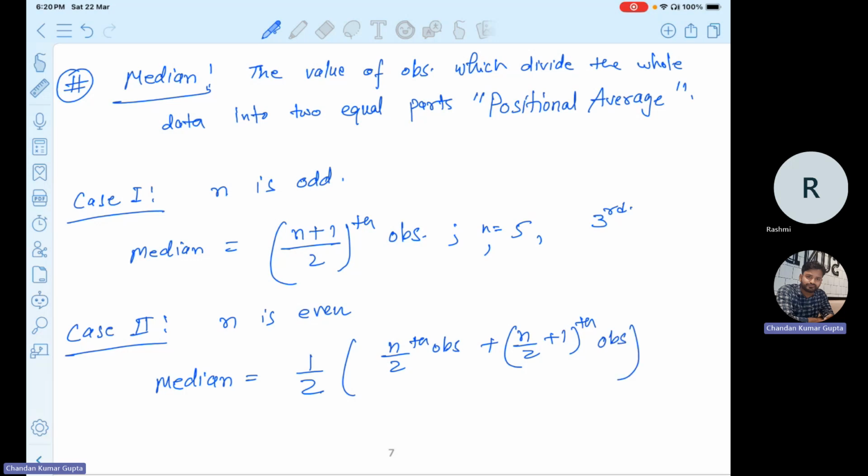We add these two values and take the mean, which gives us the median. These are the formulas we use for discrete data.